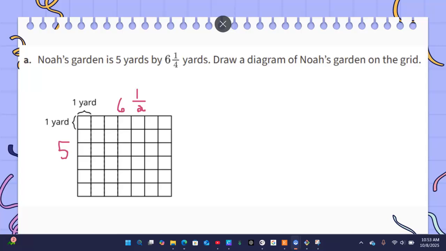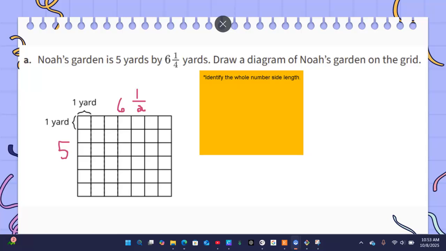Now let's review some key components to finding the area of a rectangle. If you don't have this in your notes, please write it. The first thing we have to do is identify the whole number side length. Let me put some stars so you can see it.